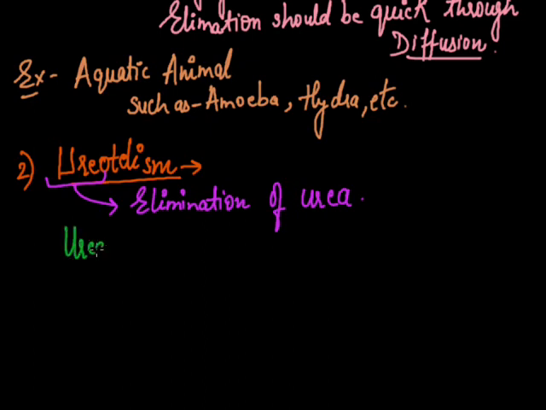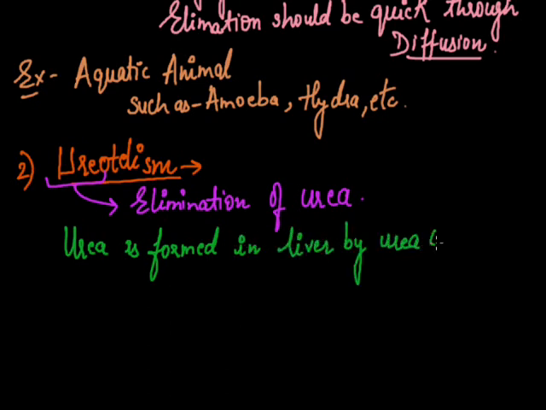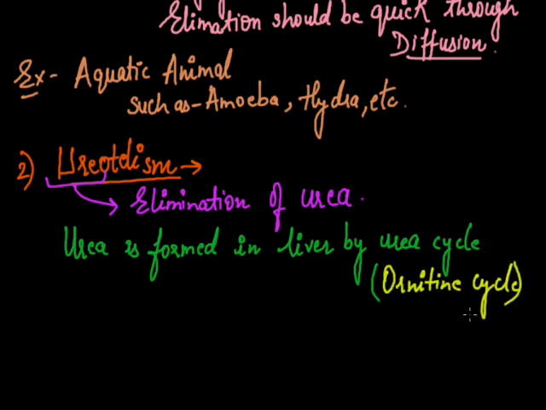This urea is formed in the liver by the urea cycle. This urea cycle is also known as the ornithine cycle. Later we will discuss the urea cycle in detail, but here the point is that in the liver the urea cycle runs and forms urea.